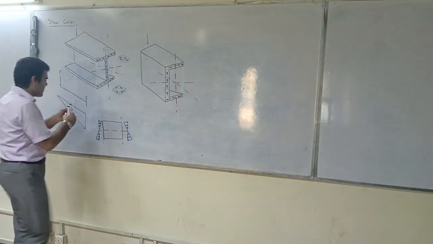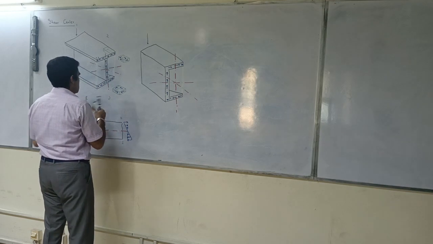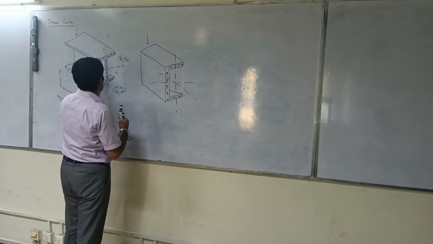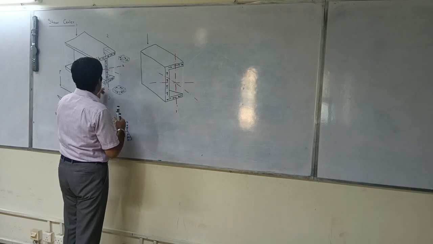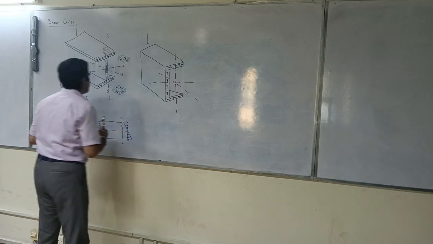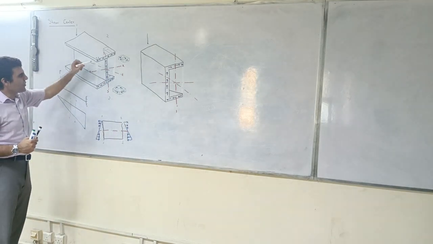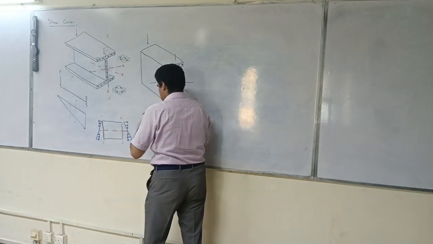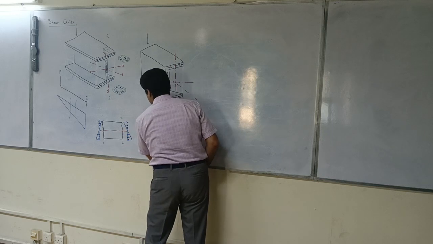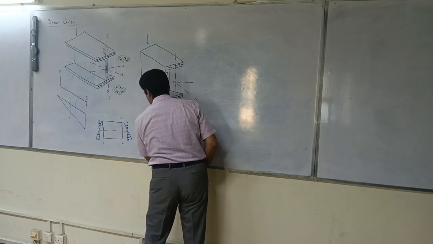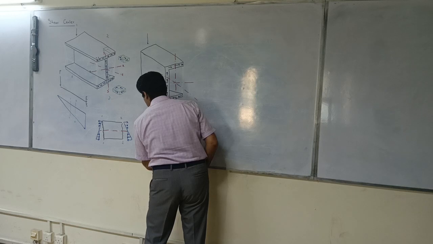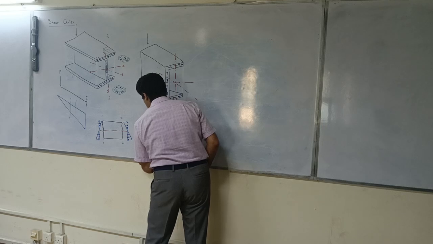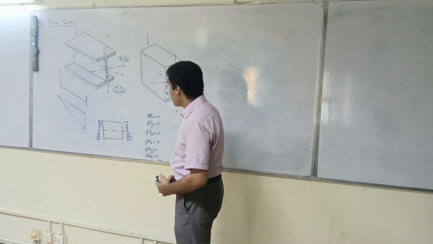So, if this is our x-axis, y-y and z-z axis, the equilibrium conditions are: the summation of all the forces in x must be equal to 0, the force in y must be equal to 0, and so on. These are the 6 equilibrium conditions and they must be satisfied.